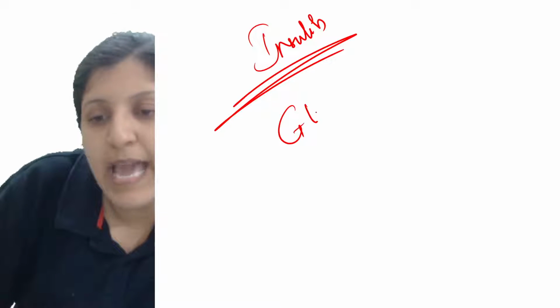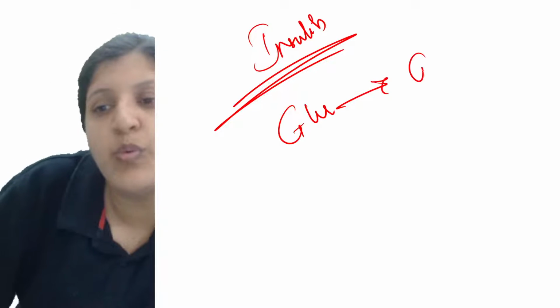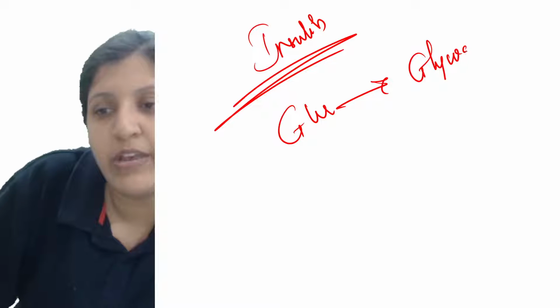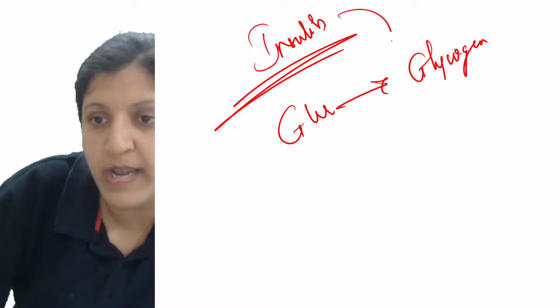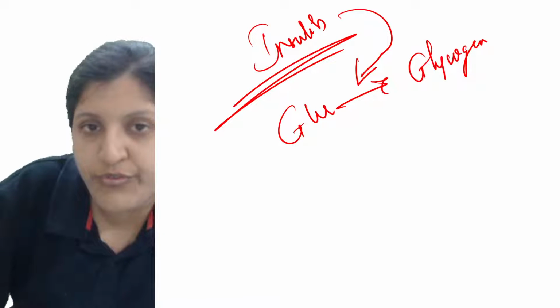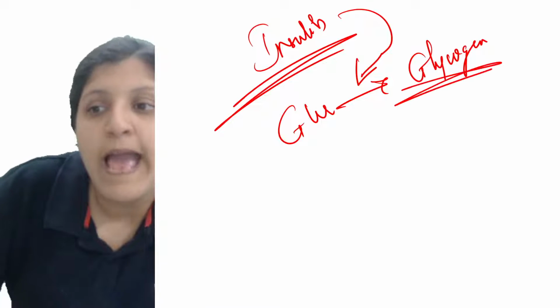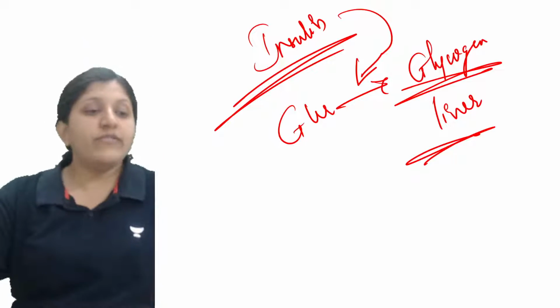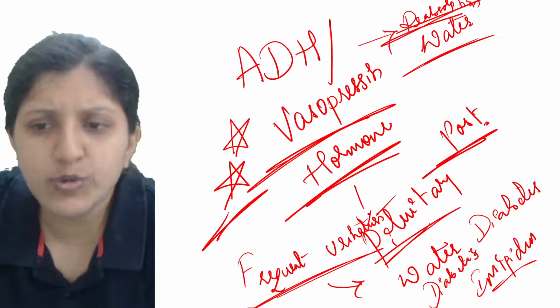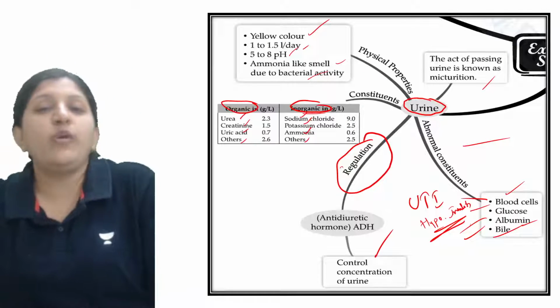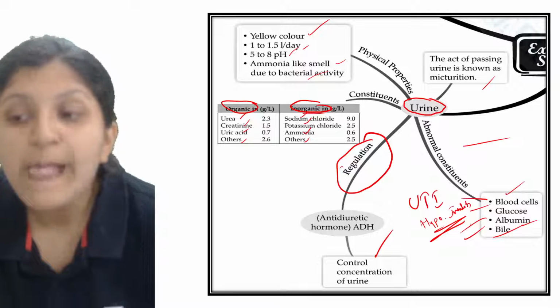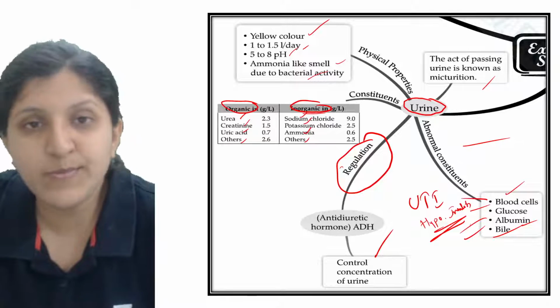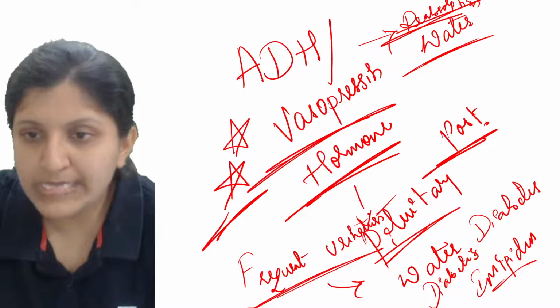Whenever there is too much glucose in the blood, glucose is converted into glycogen under the influence of the hormone insulin, and this glycogen gets stored in the liver. If insulin production is not there, the urine will have a maximum amount of glucose present.